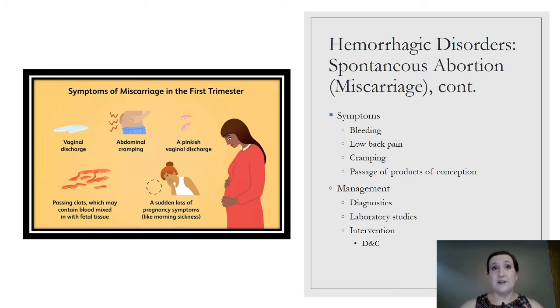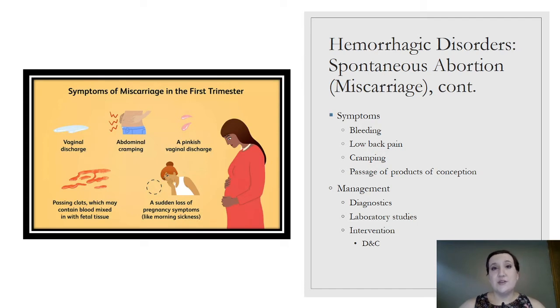An infection along with the retained products of conception is a cause for hospitalization. It's going to keep you in the hospital for several days. So we need to obviously get these retained products of conception removed.